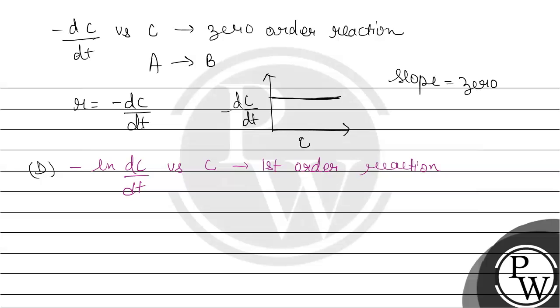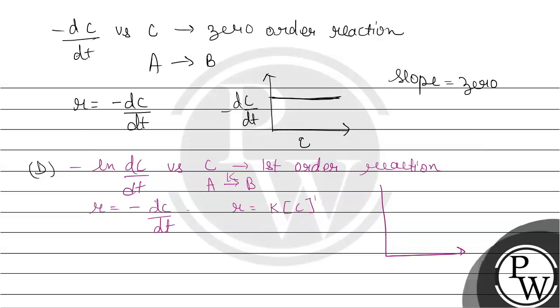And जो हमारे पास rate होगा that will be minus dc upon dt with respect to reactant. And जो हमारे पास rate होता है that is equals to k a raised to power 1, और हम बोल सकते हैं concentration raised to power 1.